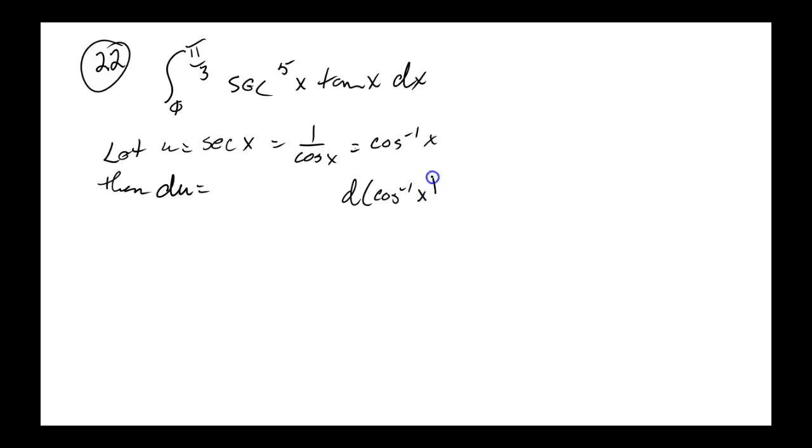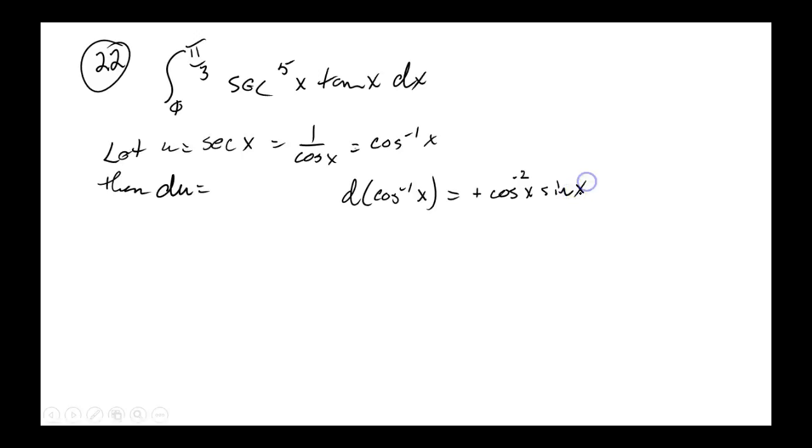Wouldn't that be cosine x to the minus 2, and then times the derivative of cosine, which is minus sine. Yeah, that's where I started.